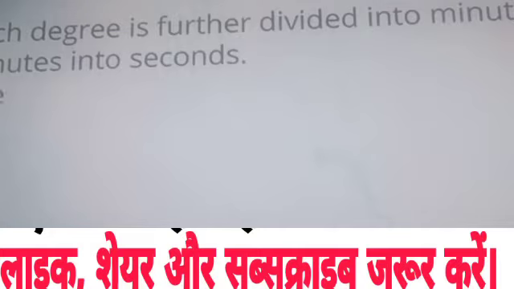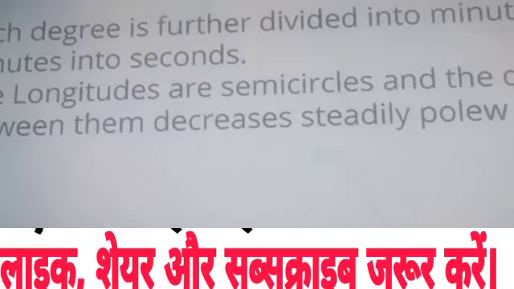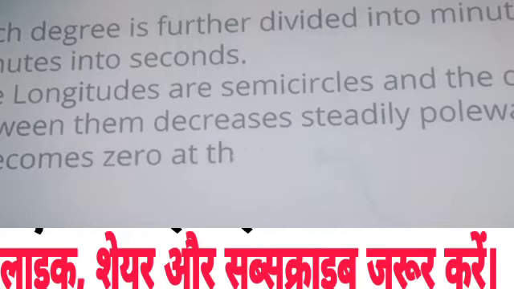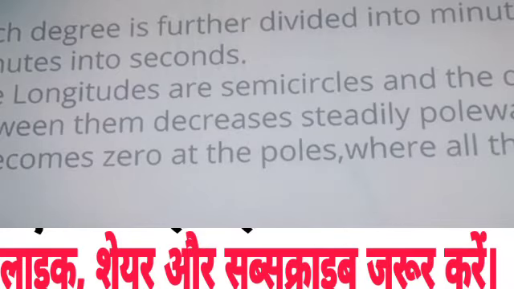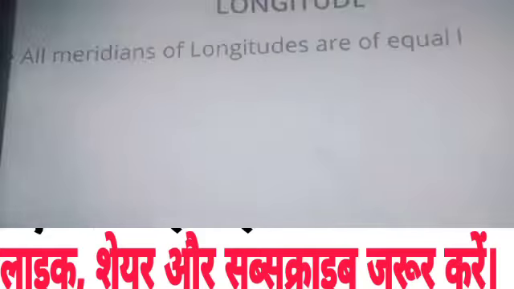The longitudes are semicircles and the distance between them decreases steadily polewards until it becomes zero at the poles, where all the meridians meet. All meridians of longitudes are of equal length.